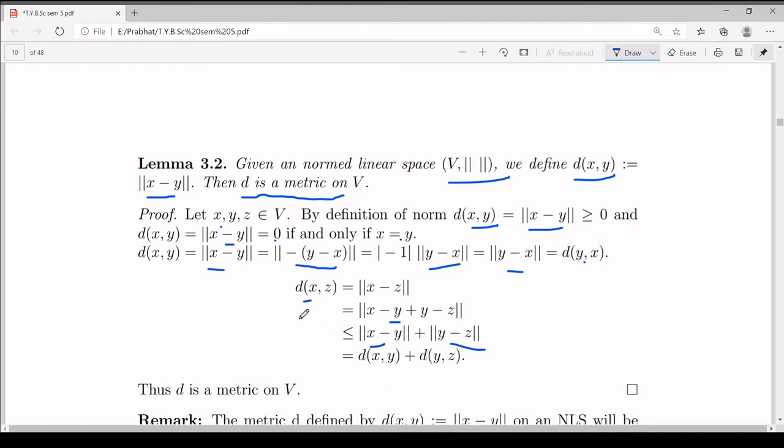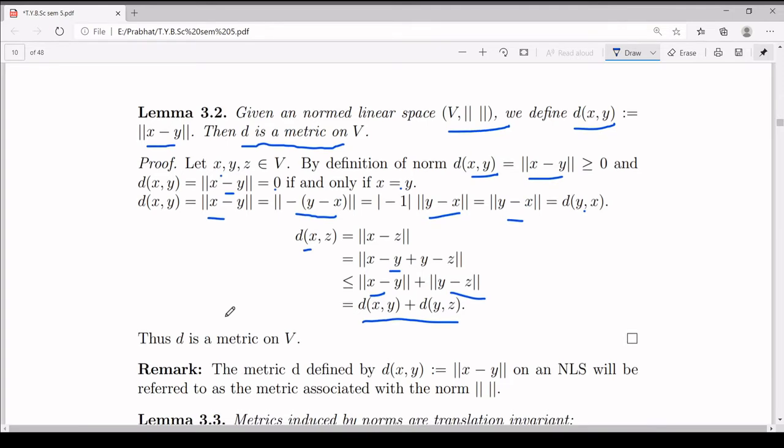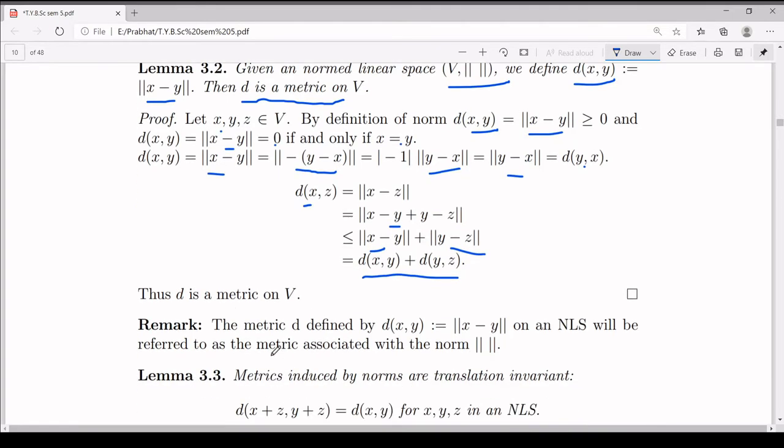And that is, you have proved distance between x,z is less than or equal to distance between x,y plus distance between y,z, and that proves that d defines a metric on V. So every norm will give rise to a metric. Now the terminology we use is that we say d is the metric associated with the norm.